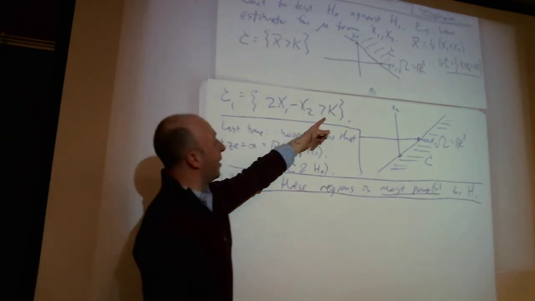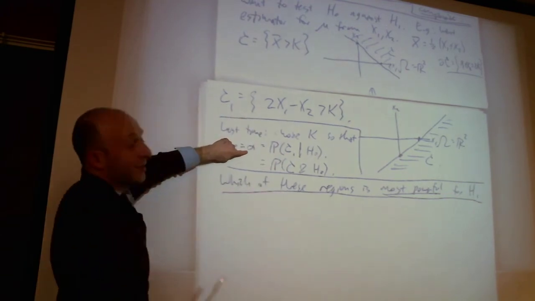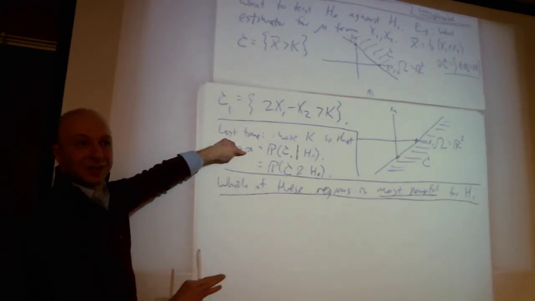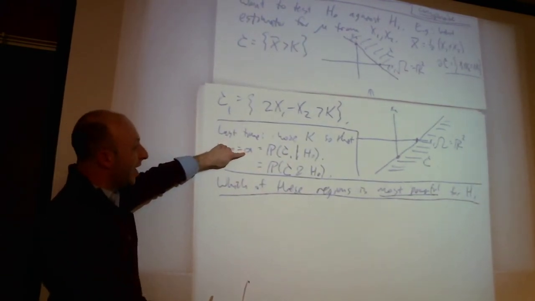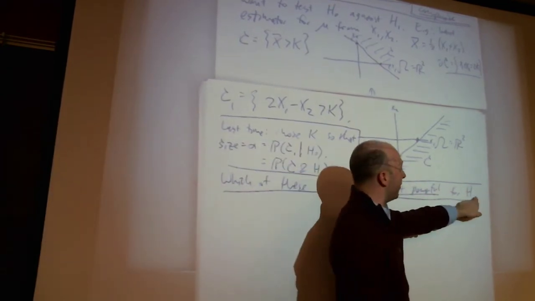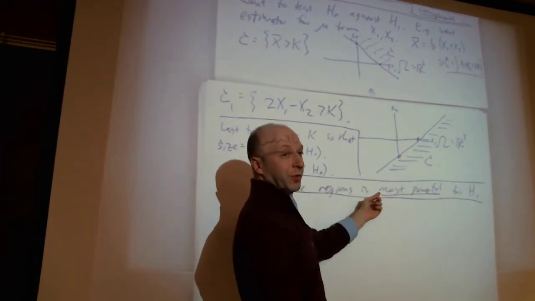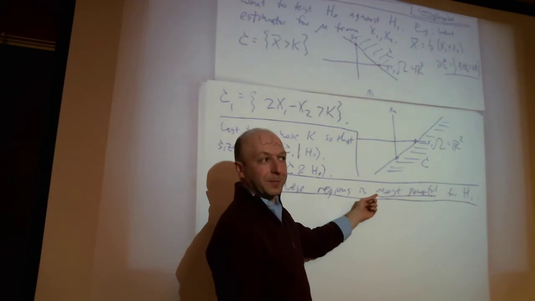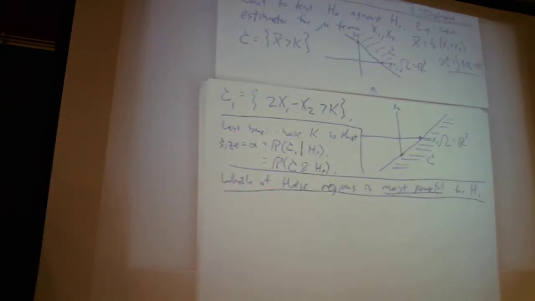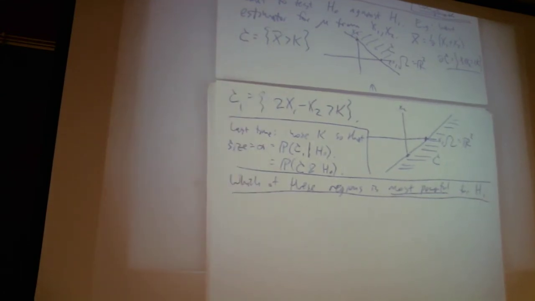We've calibrated the values of k so that the type 1 errors are the same. They're the same statistical tests from the point of view of size. Now we want to see, given an H1, which of these is the better region? What's the most powerful region? Okay? Is the question clear?